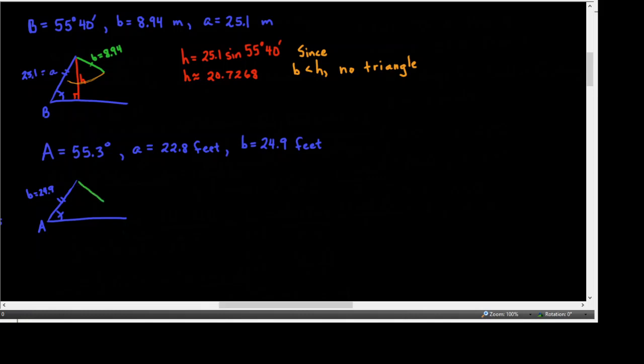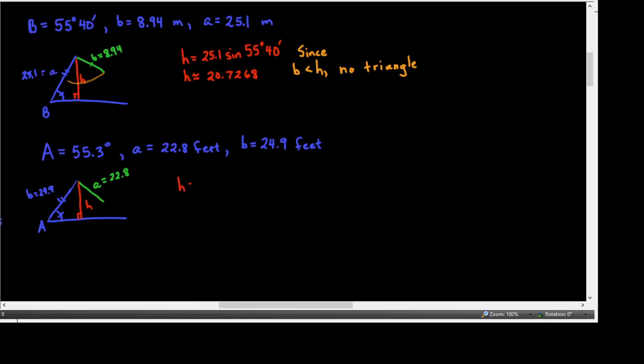And again, I always draw this too short on purpose because I don't know. Is it going to be too short, just right, or long enough for two? So, to make that determination, we need to compare A to the altitude.